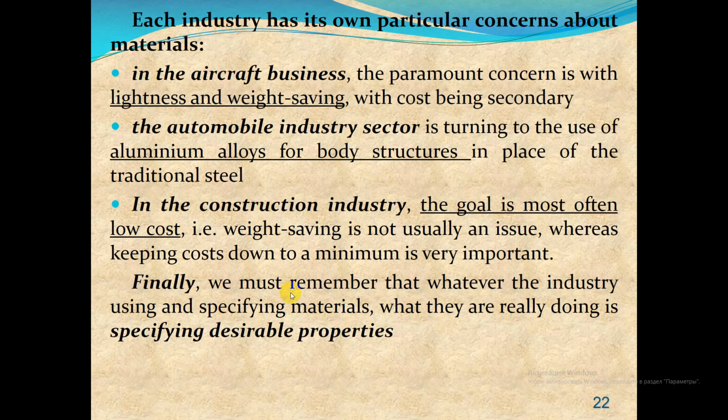The automobile industry sector is turning to use of aluminium alloys for body structures in place of the traditional steel. In the construction industry, the goal is most often low cost. So, weight saving is not usually an issue, whereas keeping costs down to a minimum is very important.